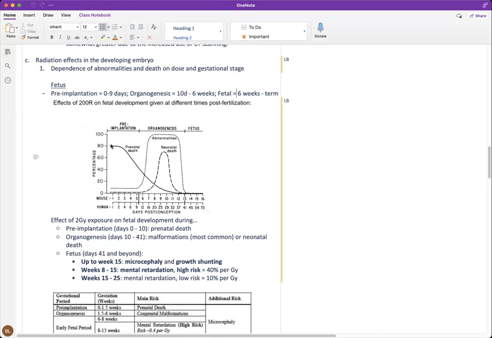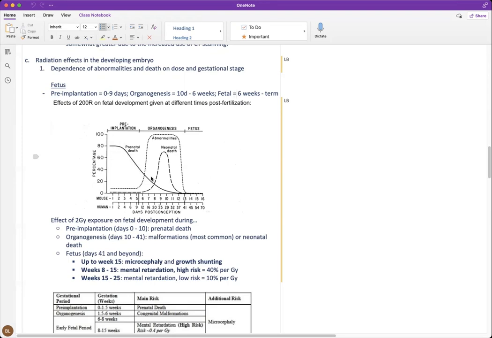So basically, if you radiate during the pre-implantation phase, it can cause death with a high chance.